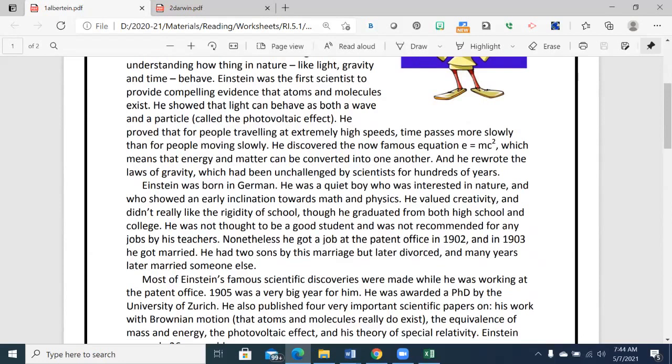He proved that for people traveling at extremely high speeds, time passes more slowly than for people moving slowly. He discovered the now famous equation E equals mc squared, which means that energy and matter can be converted into one another. And he rewrote the laws of gravity, which had been unchallenged by scientists for hundreds of years.